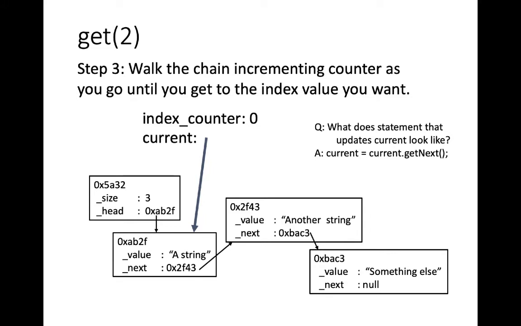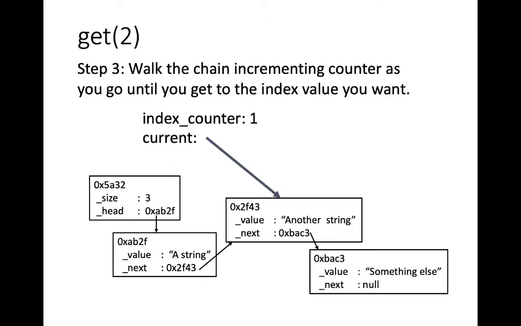And now, after I've done that, and then I increment my index counter, I'll end up in this situation, right? So now I add 1 to my index counter, so now it's 1. I say current equals current.getNext in order to move which node my current variable is pointing to from the current node to the next node, and now make that the current node.